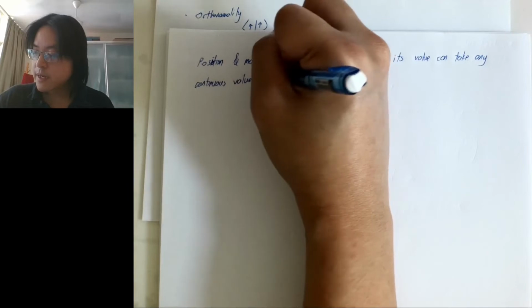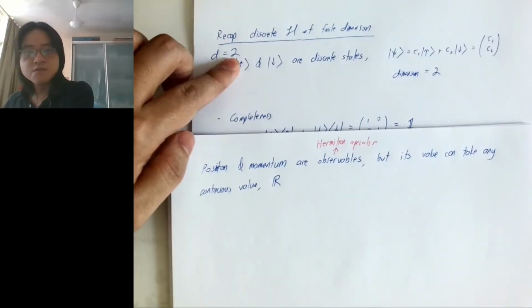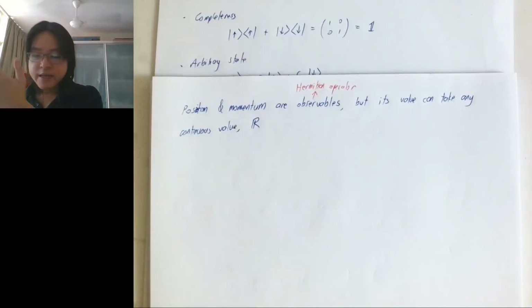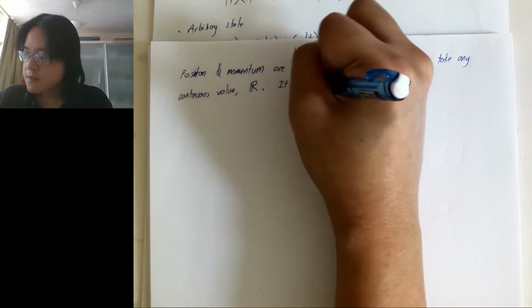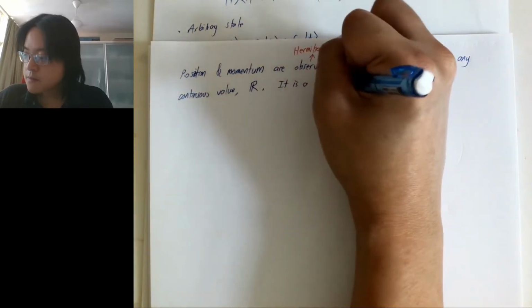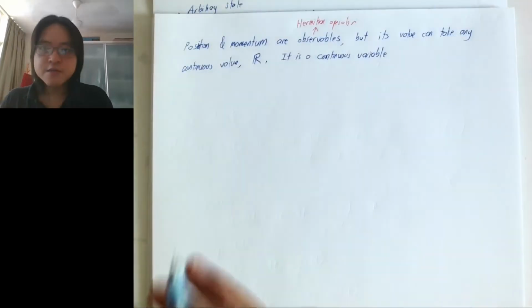In other words, it can take any real number. It's not just 2 values, but it can be any number. So that means it is a continuous variable. So this is the problem that we want to address.